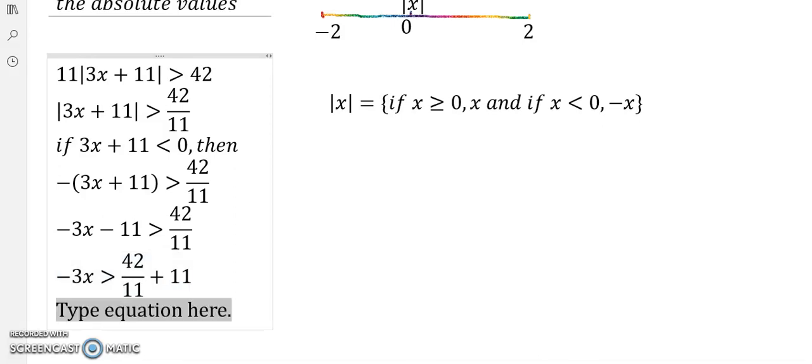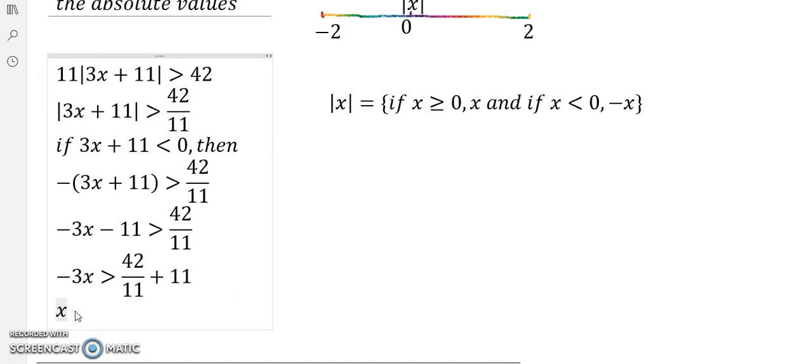Okay guys, to solve for x, we're gonna divide throughout by negative 3. Before that, when you have an inequality sign and you divide by a negative, the inequality will change.